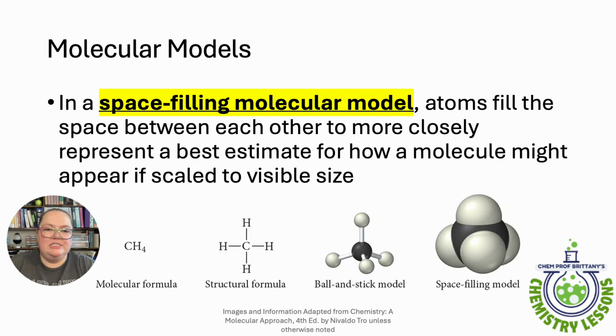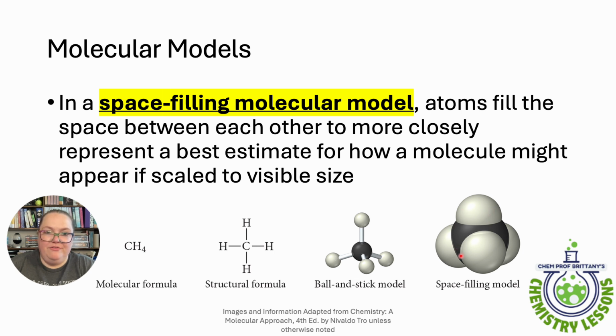And then we also have a space filling model, which is, instead of being able to see the sticks in the ball and stick model, what we have is more of a filled out atom. This kind of represents the nucleus, and this represents those shared electrons. So instead of showing that, we show the entire atom, and there is overlap.